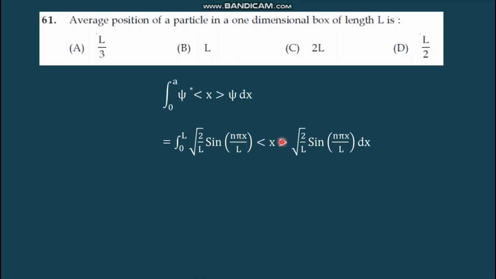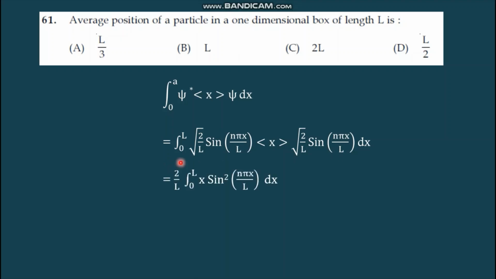And then position, then psi star and psi. Here, if there were some i, then we would have to take its minus. Here there is no i value, these are real values, so just take the same psi star and psi.